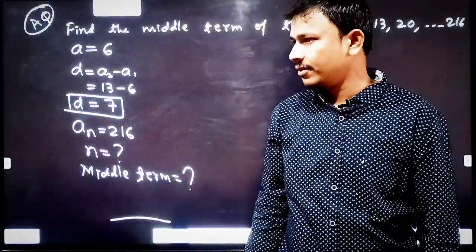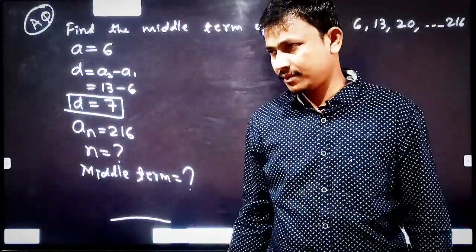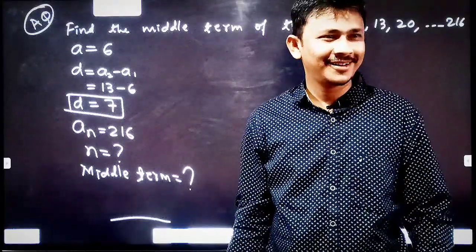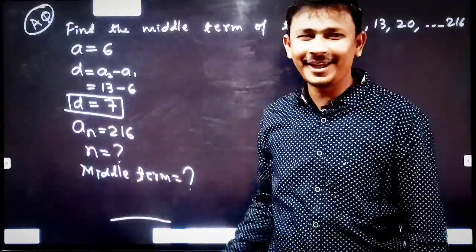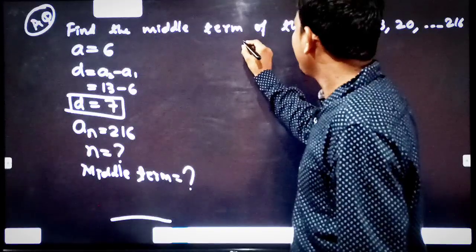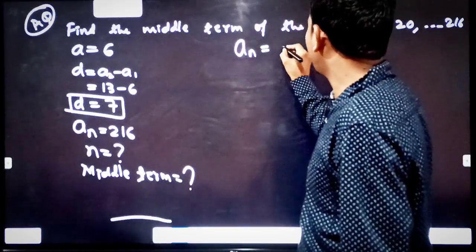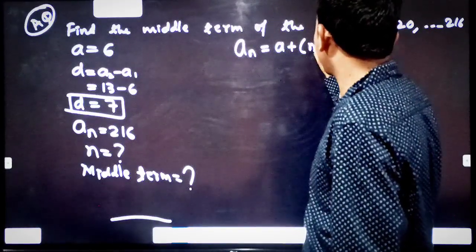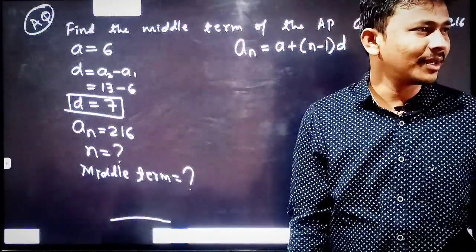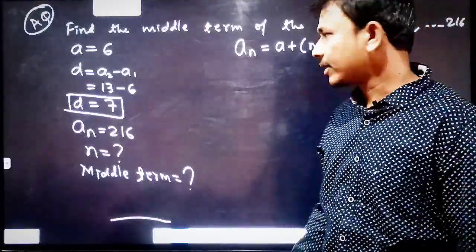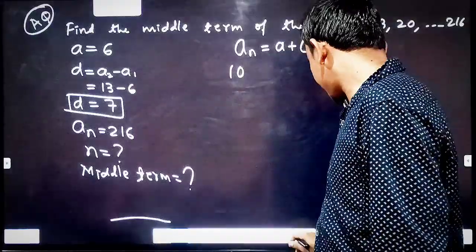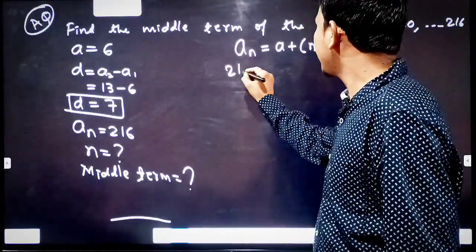Understood? We have one formula to find the value of n. What is the formula here? An is equal to a plus in bracket n minus 1 into d. What is an value? 216.